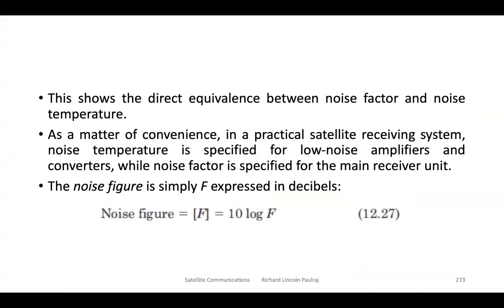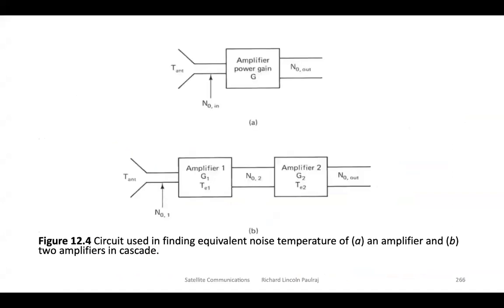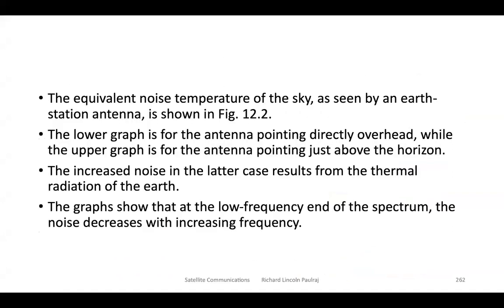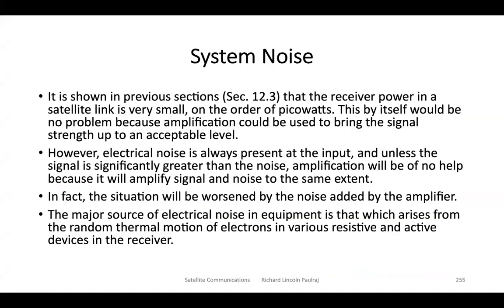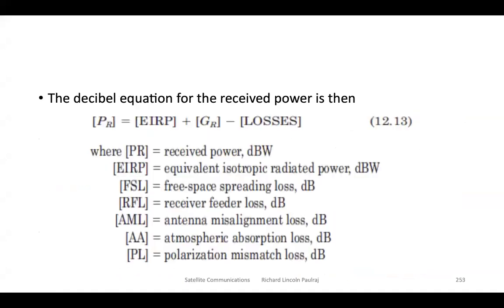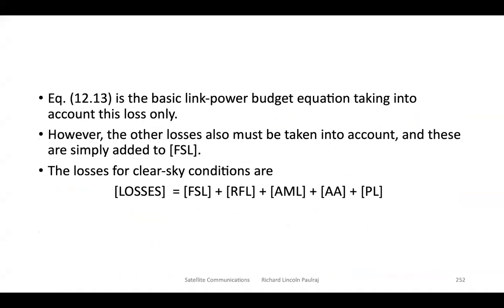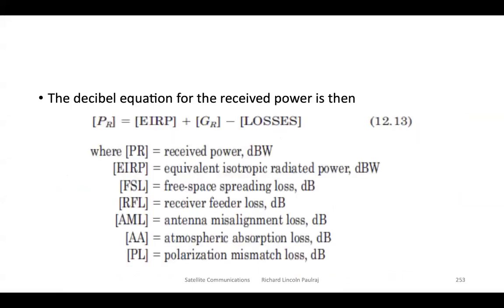I will take you a little back, where we saw noises had various components, right? So it has FSL, RFL, antenna misalignment, atmospheric absorption, polarization, free space loss, feeder loss, receiver feeder loss.